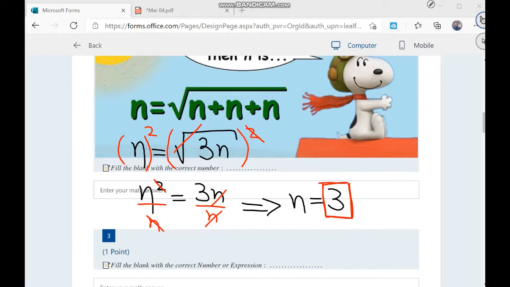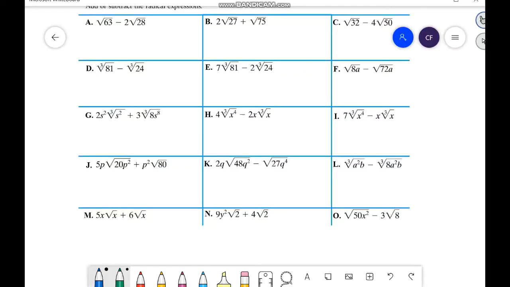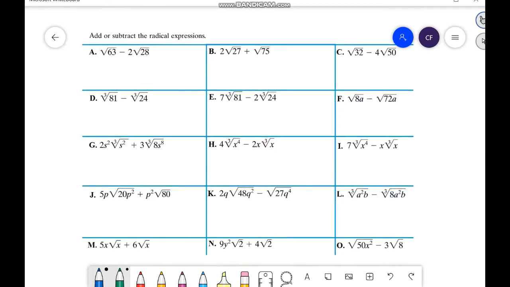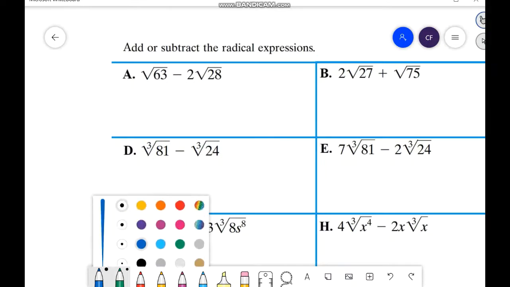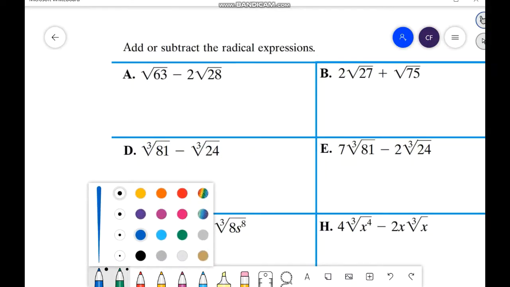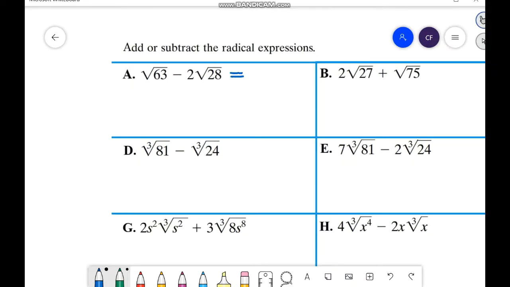Let's move on. This is just a warm-up so we can work on our quiz now. This is the quiz. Let's work on letter A. It's kind of like yesterday because you don't see straight away the like radical, but we can break it down.